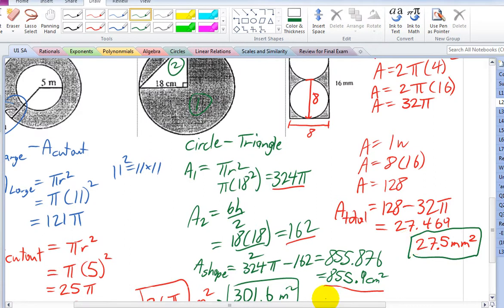Okay, final answer, 27.5 millimeters squared. Hands up if you got that. Okay, questions? You guys good? All right.